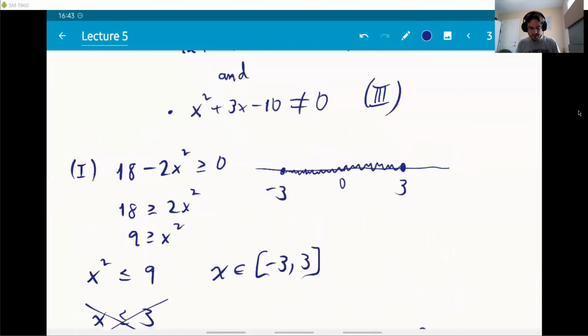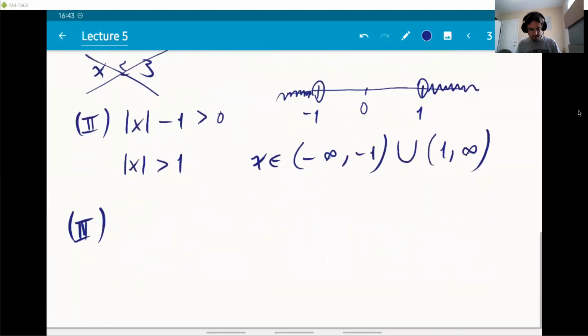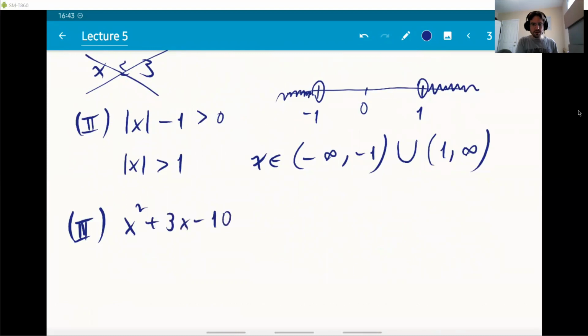Here is the expression that we need to be different from 0: x squared plus 3x minus 10. When is that different from 0? This is just a quadratic inequality in this case. You can basically find the places where it is 0 and then you're looking for everything else.